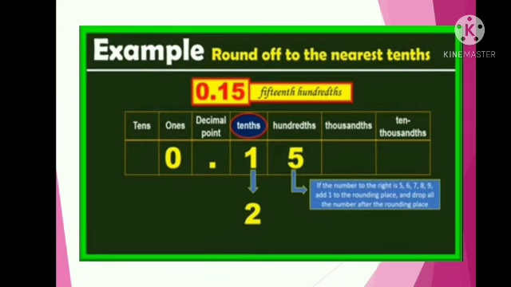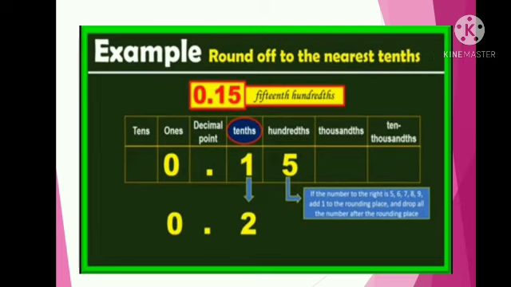So dahil ang katabi ng 1 ay 5, dagdagan natin ng isa ang ating rounding place. So yung 1 ay magiging 2. Then kopyahin na natin ang natitirang number sa left side. So yan na ang magiging sagot natin. Pag ni-round off natin ang 15 hundredths to the nearest tenths, ang sagot ay 0.2 or 2 tenths.